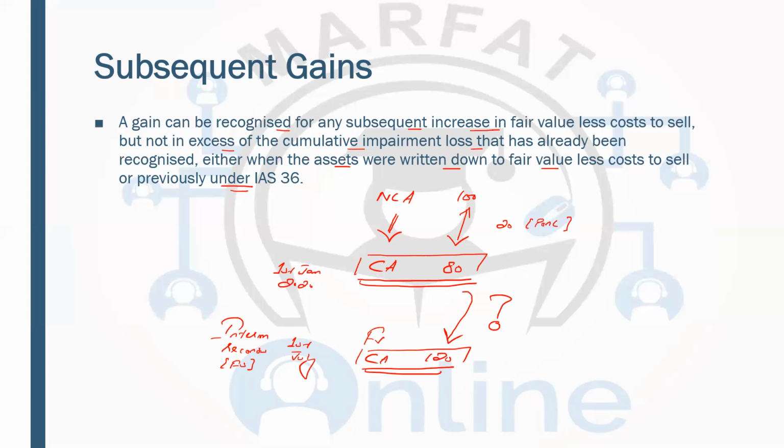So what you can do is you can only reverse this impairment of 20 which you have charged, and you cannot take the asset more than this value.